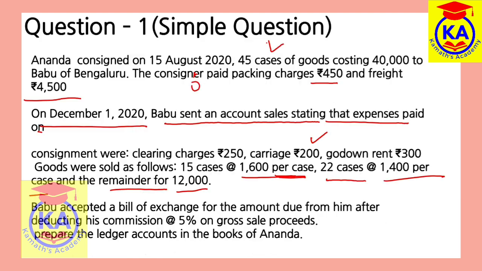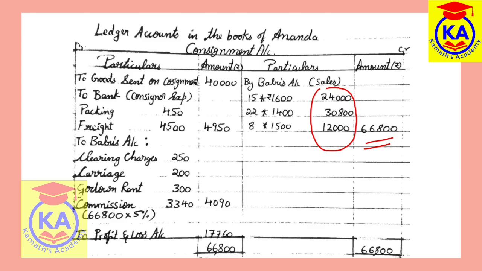Now, Babu accepted a bill of exchange for the amount due from him after deducting his commission at 5% on gross sale proceeds. So commission is 5% on gross sale proceeds. 5% on 66,800 rupees you have to charge.